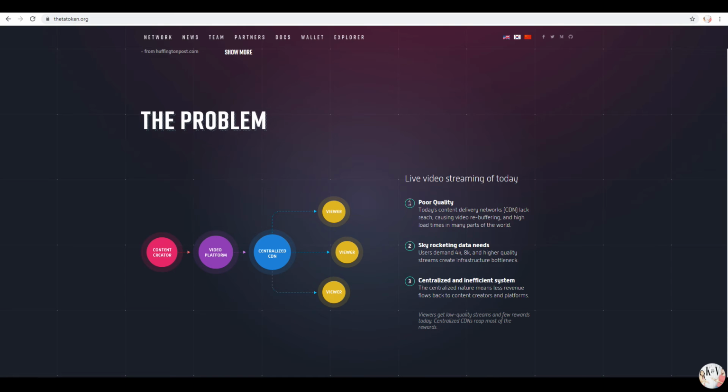So here we see that they are trying to solve three main problems: the poor quality of video streaming, which I personally understand because we are doing videos, live streaming, videos on YouTube, and we see the need for a better system, because the quality is not as good as it's supposed to be with the technology that we have now, with all this virtual reality and better cameras, better microphones, 4K, 5K, all the stuff.